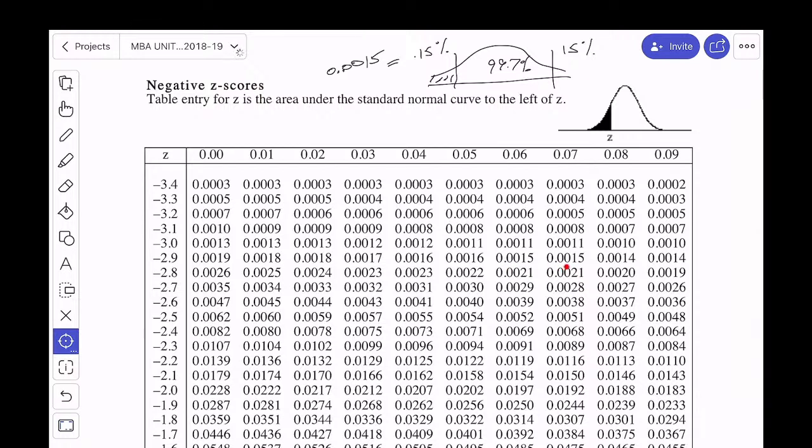So negative 2.965 looks like the answer, because it's between these two. So the answer would be negative 2.965. So it's pretty much 3. It's very close to 3 if you round it. So you just found this here.